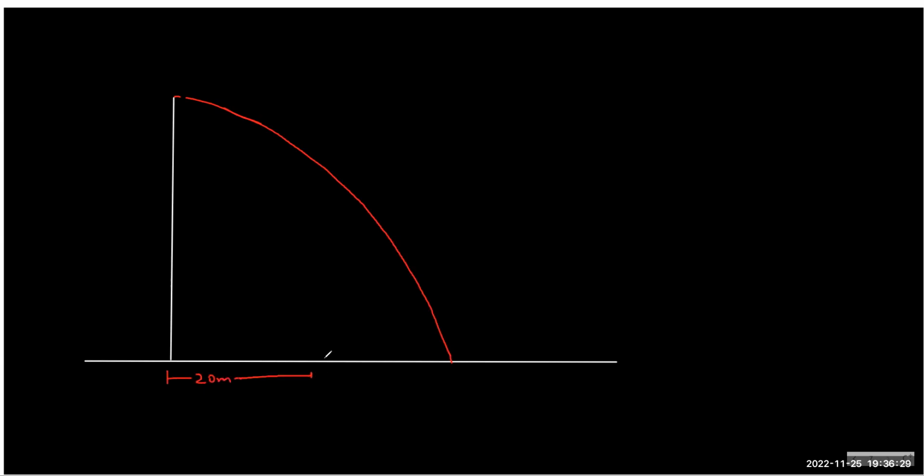So in 2 seconds, you will travel 20 meter. And what is the range of this projectile? Can you find the range? Because everything is given to you. Height is given, speed is given. And this is 20 meter per second. What is the time of flight? 2 root 2h by g.